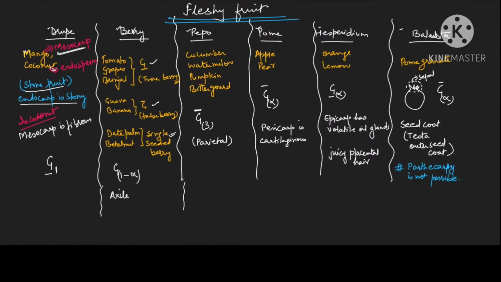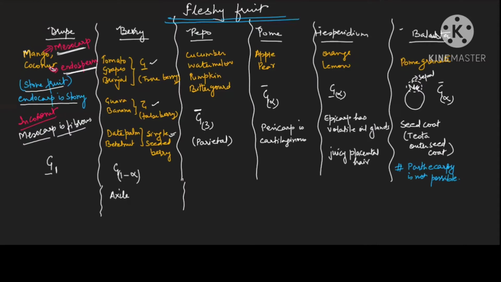Is it clear? But in coconut, if you purchase a coconut, you peel the outer skin. What you are removing is the mesocarp, which is fibrous. Then you break the coconut, meaning you break the endocarp, and then you eat the endosperm.